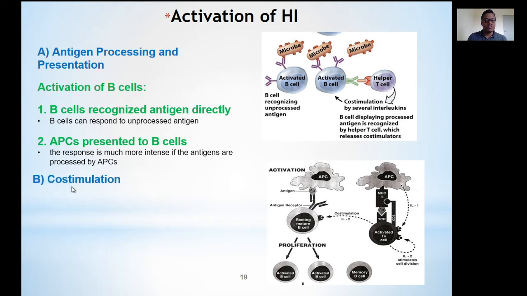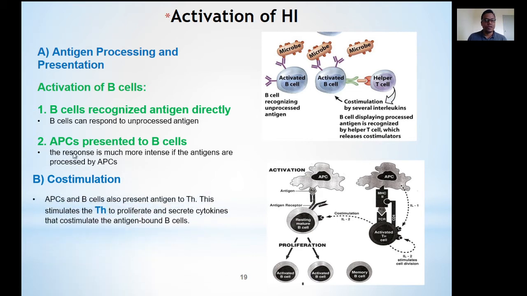Then we start co-stimulation, in which APCs and B cells also present antigen to the T helper. So the B cell together with the APC meet with the pathogen, process it, and both present it to T helper cells.